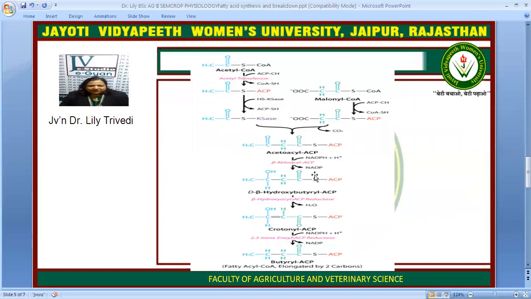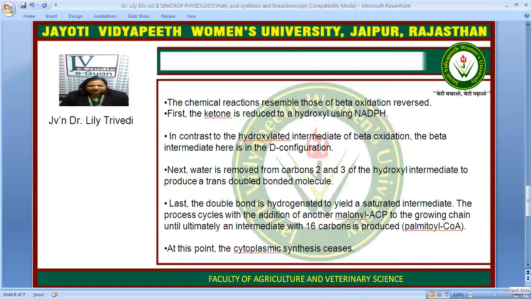It combines with beta ketoacyl ACP, and again it is converted into beta hydroxybutyryl ACP. So these are the further reactions which you can see over here. Now let's go into detail what happens here.